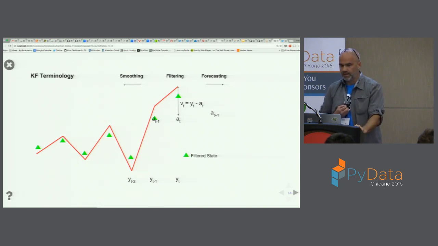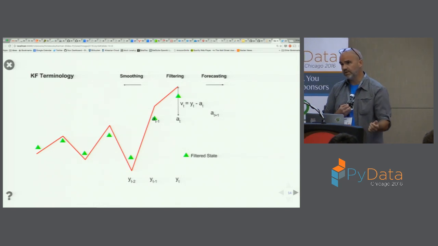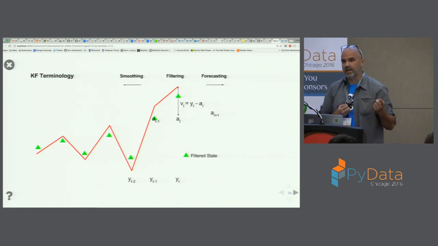If you are trying to predict points into the future, that's forecasting or prediction. There's also another process called smoothing. Smoothing goes backwards in time, but basically what you need to do to smooth the states is run the Kalman filter forward until you've gotten all of the points in the time series. And then you run a process backwards to interpolate new states, or smooth them.